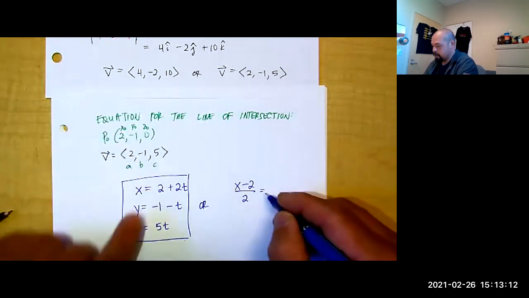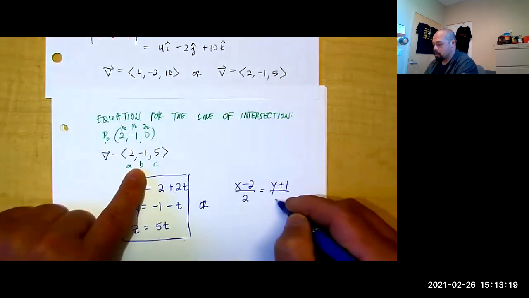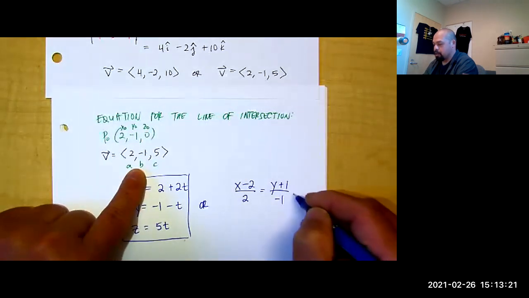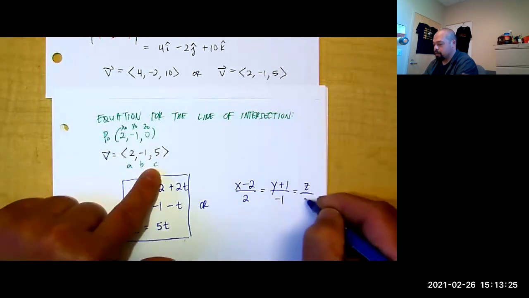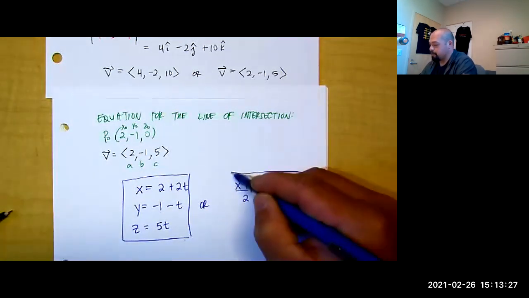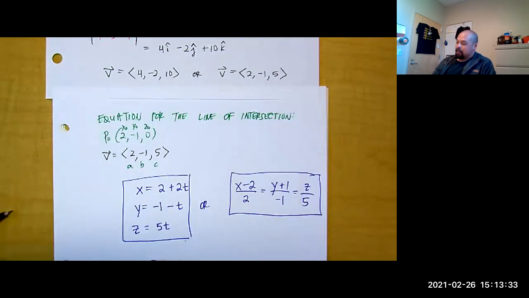Y minus y naught, y minus -1, y plus 1 over -1. Z minus z naught, so z minus 0 is just z over direction number 5. There we go. So it'll be this parametric form, symmetric equations for that line of intersection for those two planes.